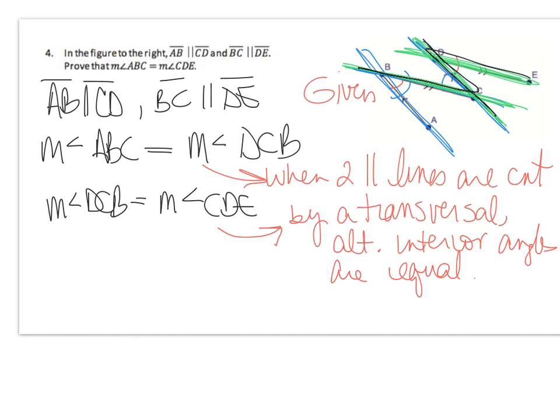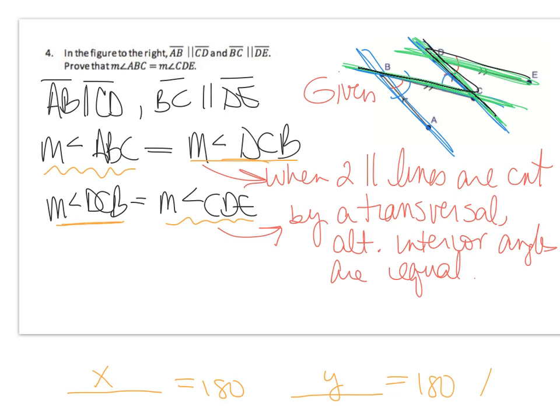Now if you look, let's try to get one more color. I've got the measure of angle DCB, the measure of angle DCB. When those two are equal, I can substitute and say that those two are equal. So it's just like when I had a whole line of stuff equal to 180. We could say a whole line of, I don't know, x is equal to 180, and a whole line of maybe y is equal to 180.